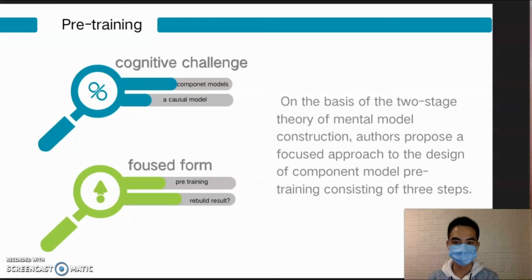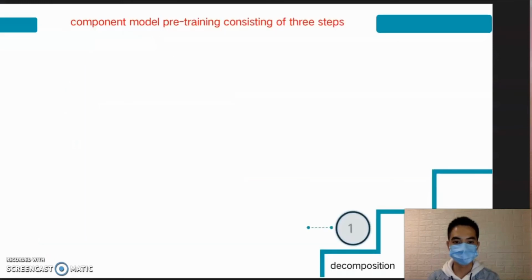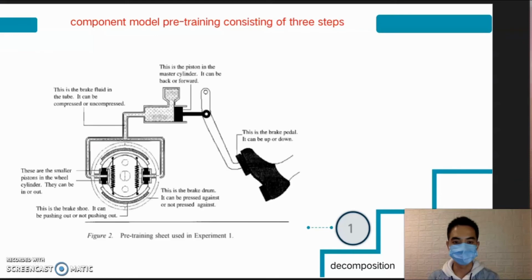So there are 3 steps. Step 1 is the decomposition of the system into several major components. Step 2 is to view, segregate, and name each component in order to help the learner see the components as separate units.